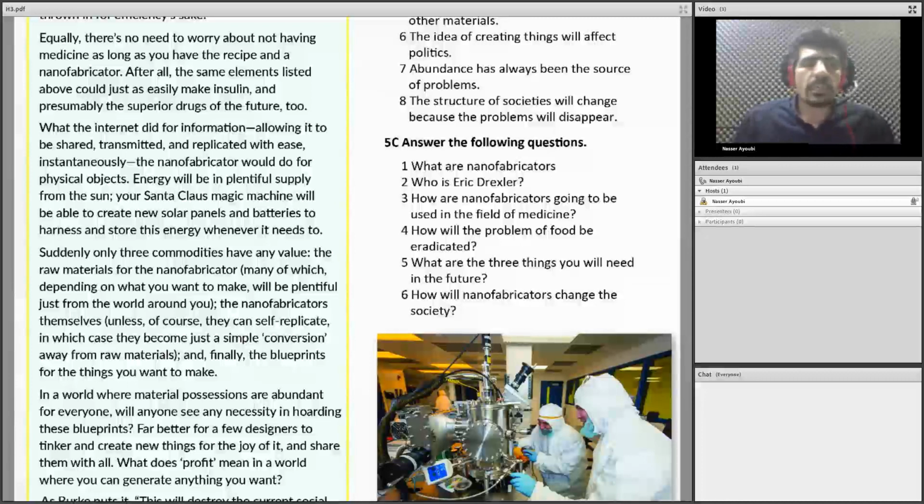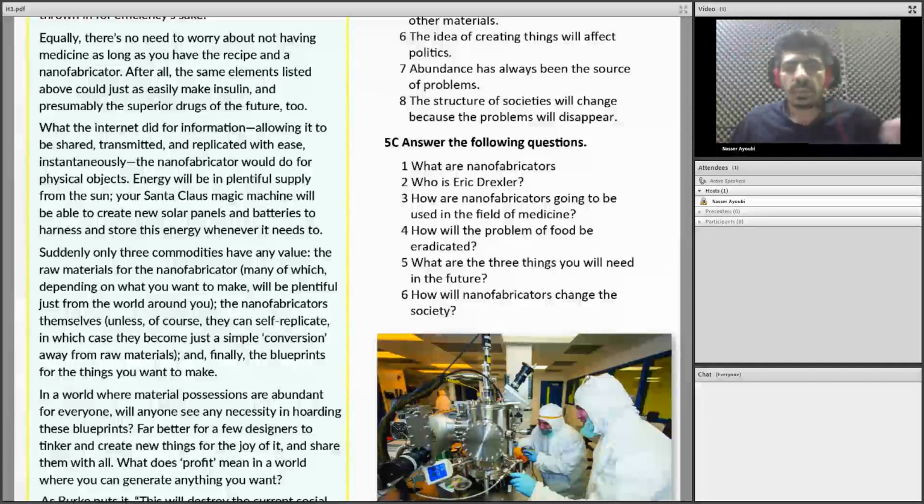Why? Because we have the recipe, the formula, and a machine to produce it, a nanofabricator. After all, the same elements listed above, that is, carbon, hydrogen, and so on, could easily make insulin.